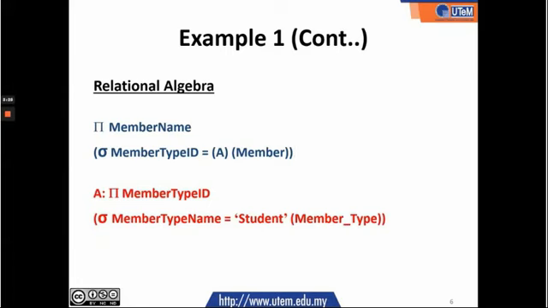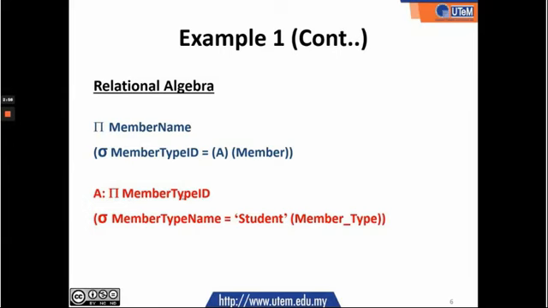Step number 4, we need to insert the inner query statement. Enter this statement: letter A, colon, projection symbol, followed by member type ID. This statement corresponds to select member type ID in our SQL statement.